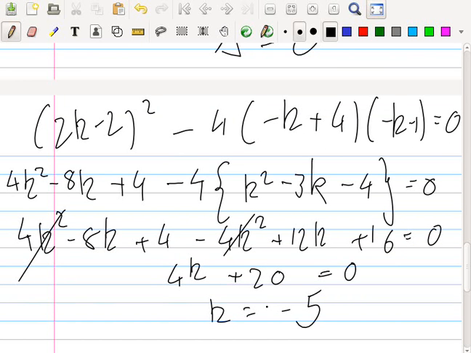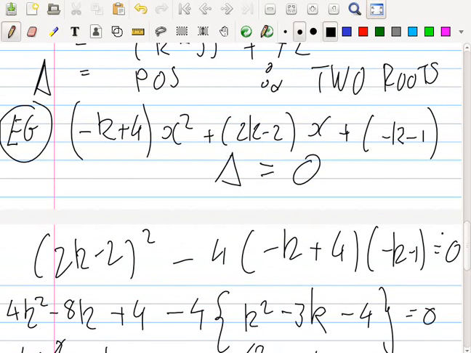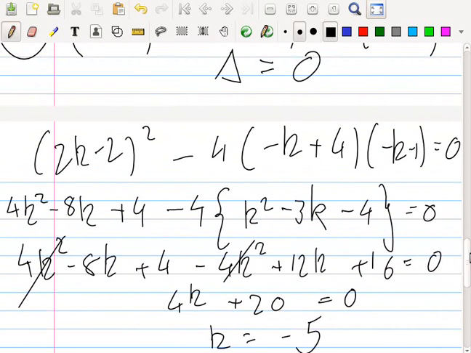So, this quadratic will have one solution only if k equals minus 5. If k equals minus 5, then it makes sure that the discriminant is 0, which is what you need because it's to have 1 root. Okay? So write that down, please.